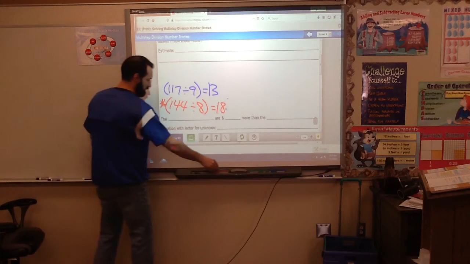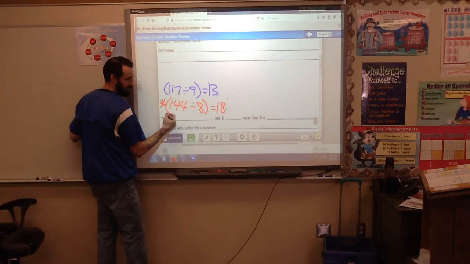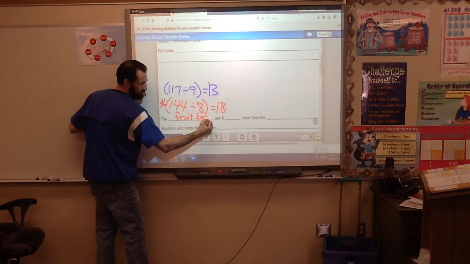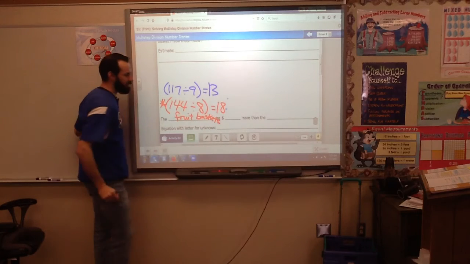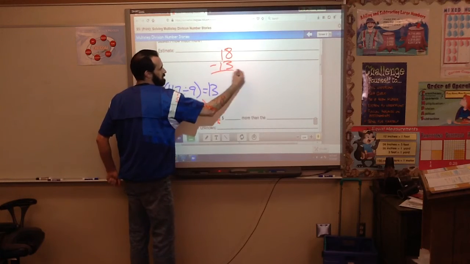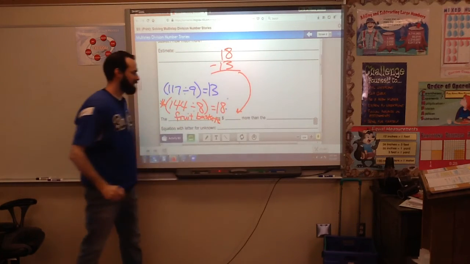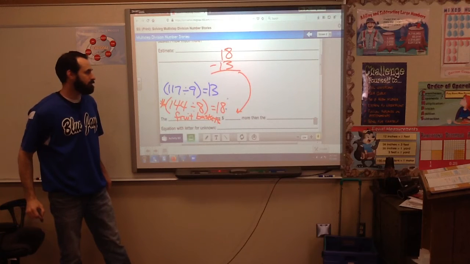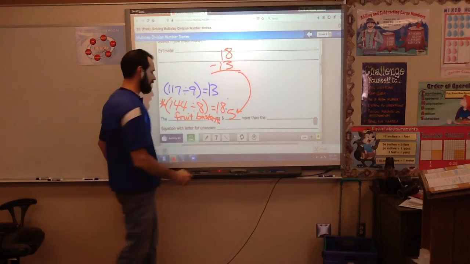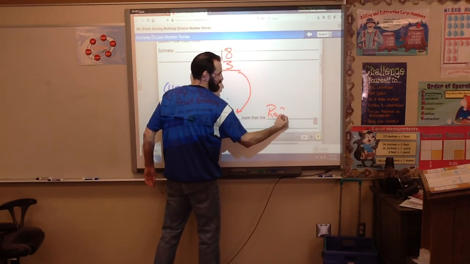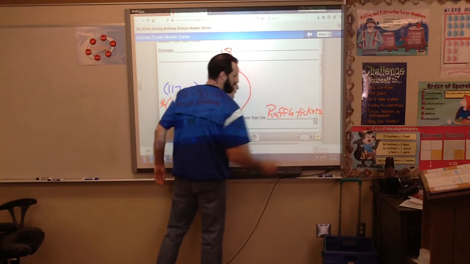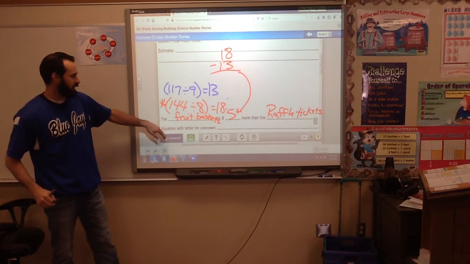So in here, the fruit baskets were more expensive. We found that out, so this should be fruit baskets. We haven't figured out how much more yet, but that's just taking 18 and subtracting 13. Go ahead and do that, the answer will go right there. And the answer should be 5. And they should be 5 more than the raffle tickets. Make sure you have that down.